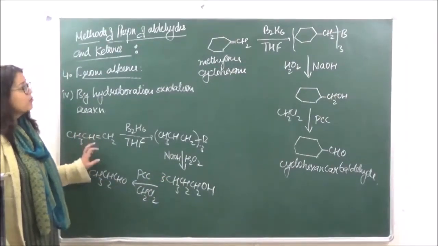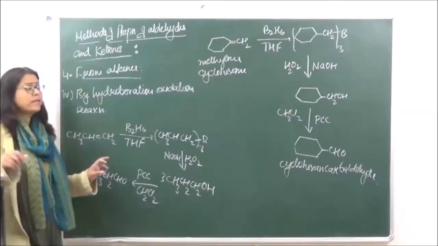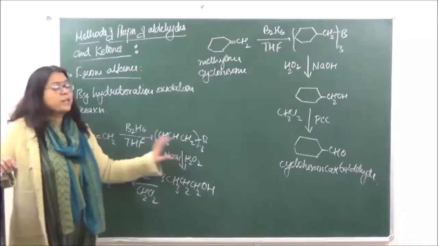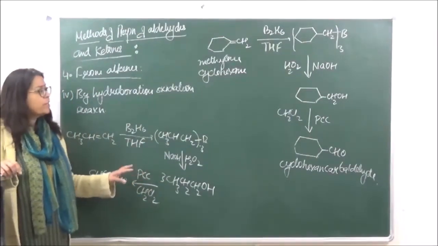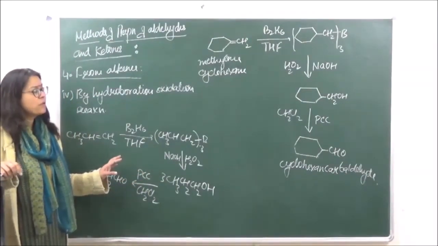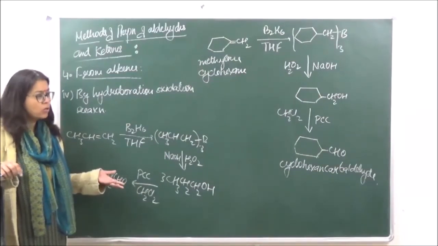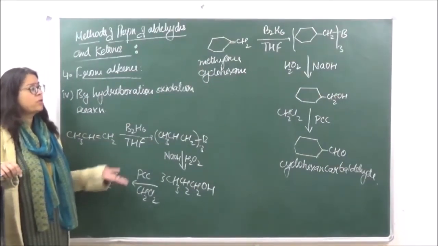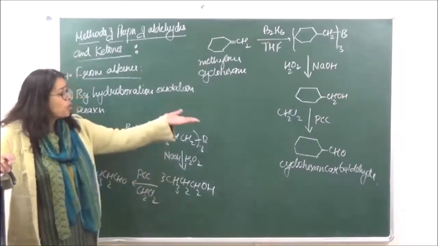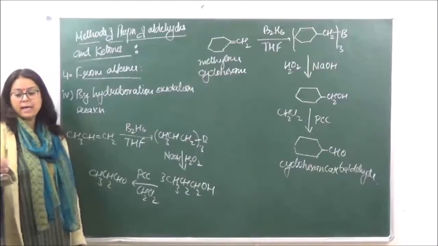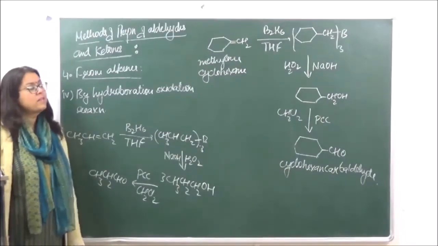So any kind of alkene when subjected to B2H6 in THF is going to give us a borane only. Right? And that borane on hydrolysis in presence of a peroxide is going to give us an alcohol. An alcohol, because we've already done that, PCC is reacting as an oxidizing agent, and that is going to convert the alcohol into its respective aldehyde.